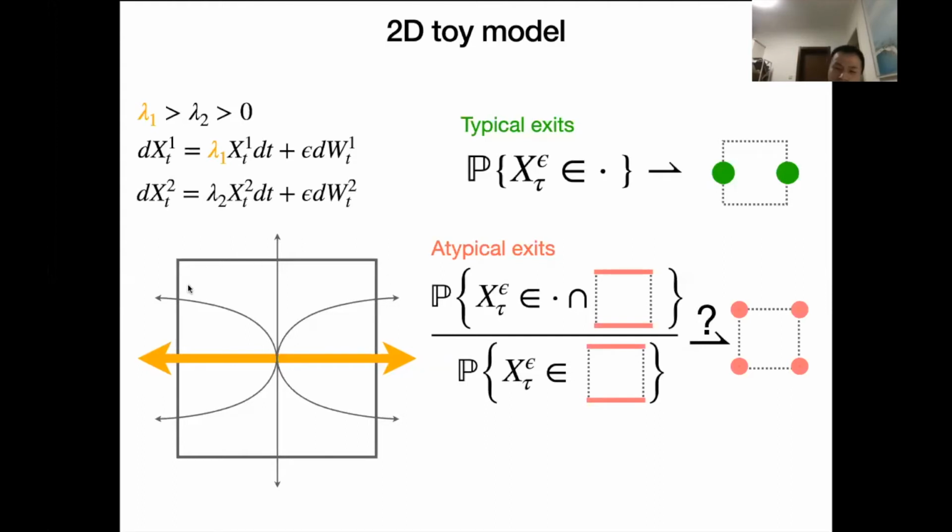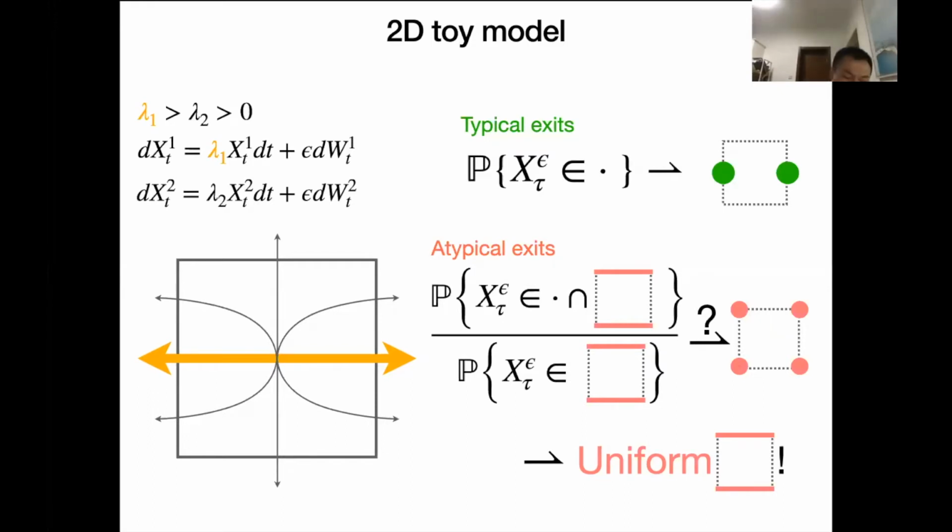Because if you draw the parabolas for those flows, those 4 corners are very close to the unstable direction. So maybe it's reasonable to say that it concentrates on the four corners. However, this is not true. In fact, in this linear case, it's going to be uniform on those 2 edges.